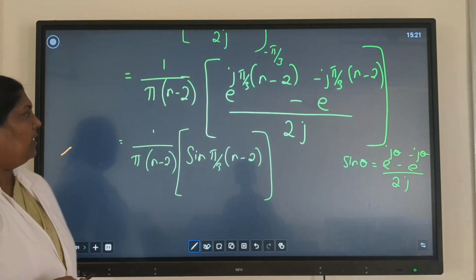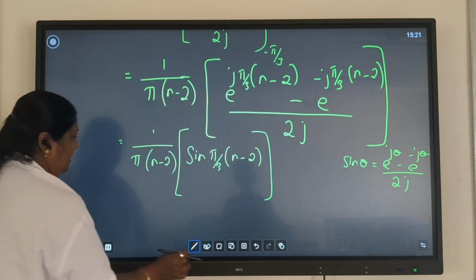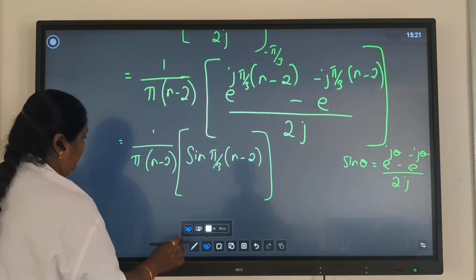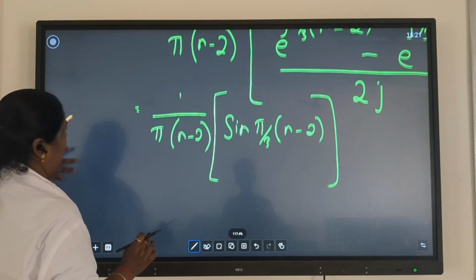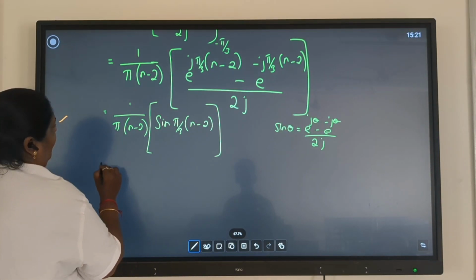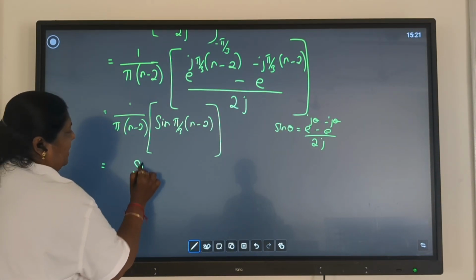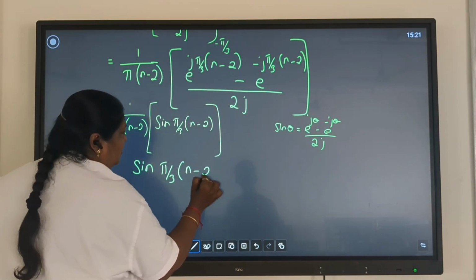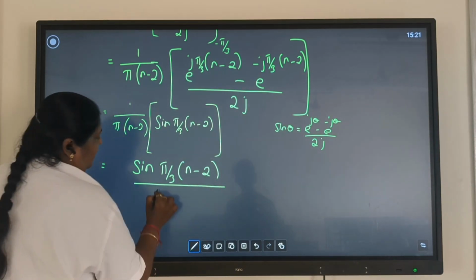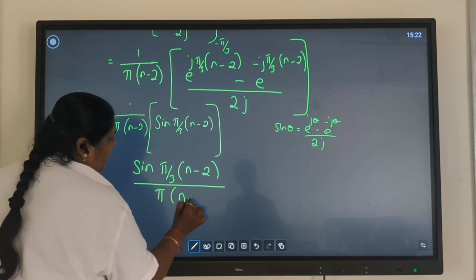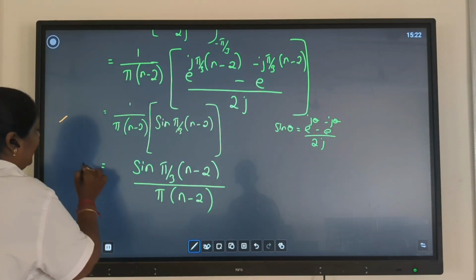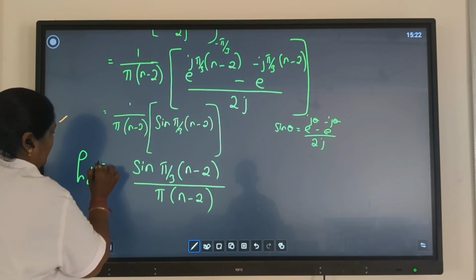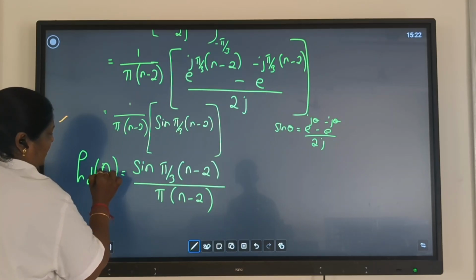Further I can simplify: it is sine of pi by 3 into n minus 2, whole divided by pi into n minus 2. So this is the value of small hd of n.